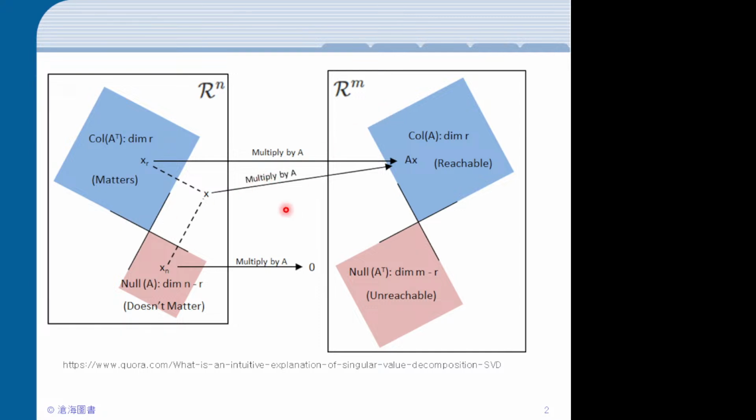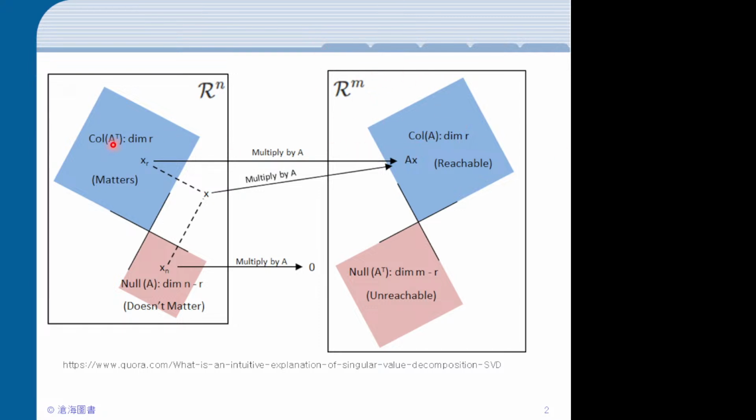And so it's a mapping from Rn to Rn. Then we can decompose Rn into this r-dimensional column space of A transpose, basically the row space of A. This is dimension r equal to the rank of A, and those r dimensions will map to another r dimension in the column space inside this Rn.